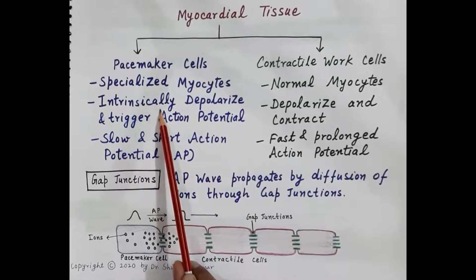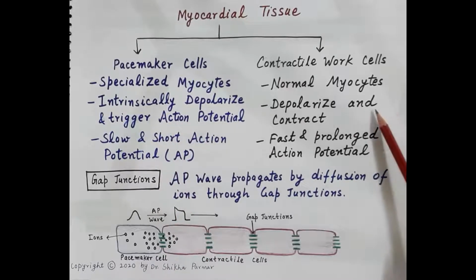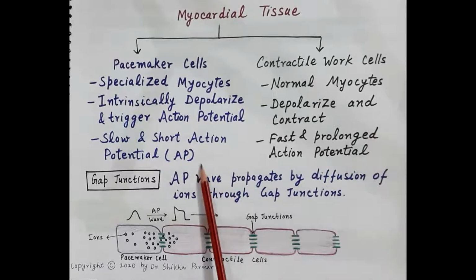Pacemaker cells possess the property of automaticity. That is why they intrinsically, on their own, naturally depolarize, whereas normal cardiac myocytes depolarize only when they are stimulated by the pacemaker cells.